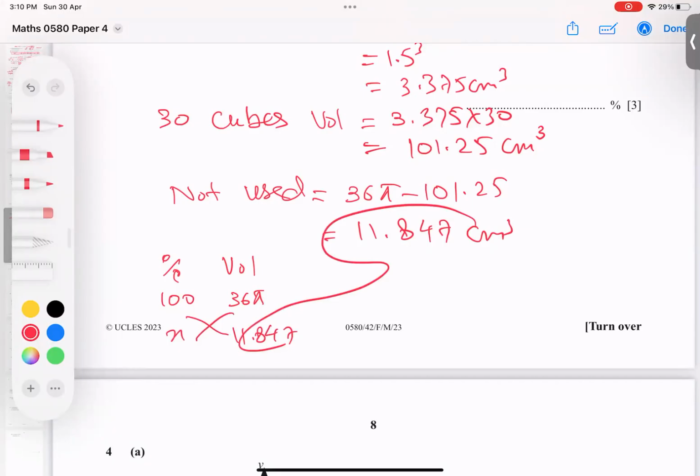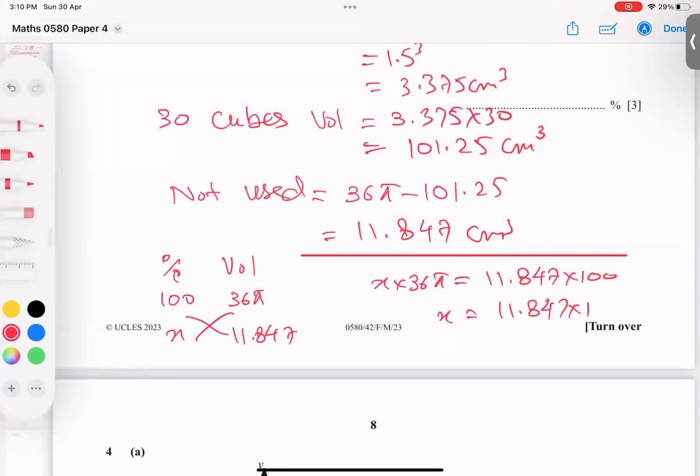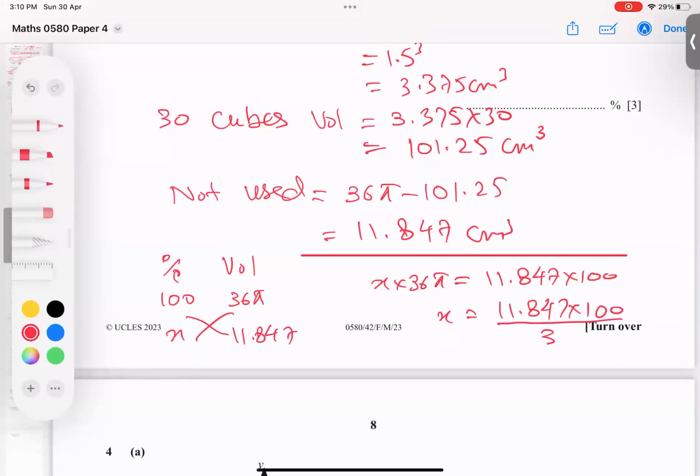This is left behind. So if I multiply, what happens, students? x times 36 pi and 11.847 times 100, and this will divide. So 11.847 into 100 by 36 pi. So students, I'm finding it now.